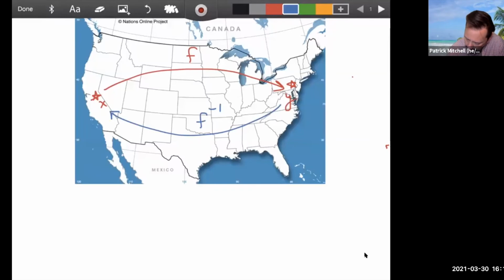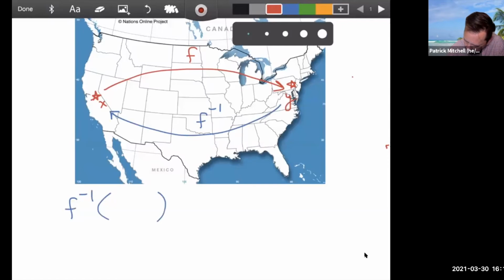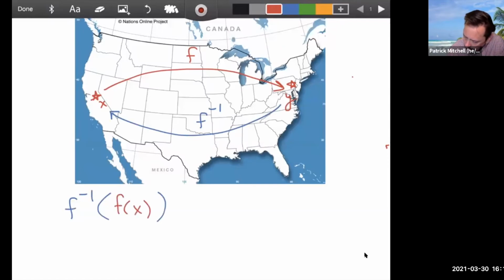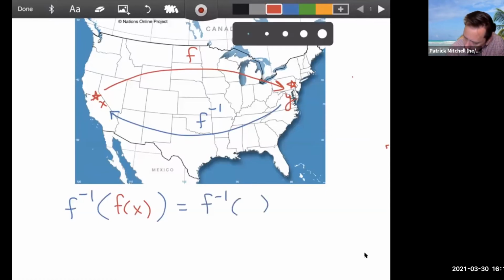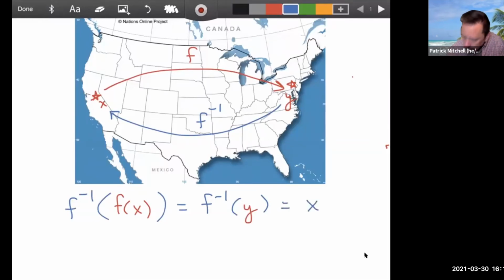So if you look at f inverse of f of x, right now we're calling f of x y, and according to this picture, f inverse of y is equal to x. So it brings me back to the original x.